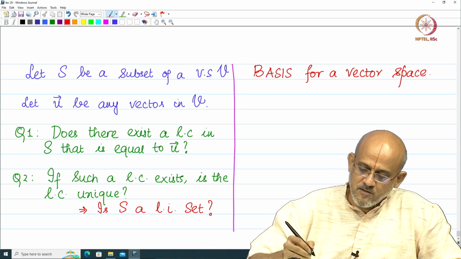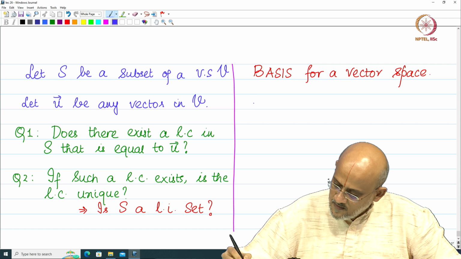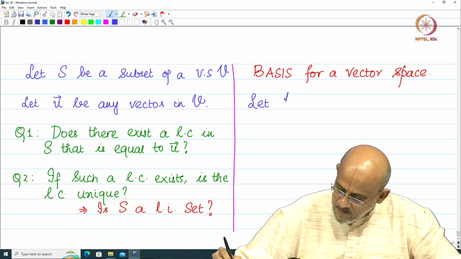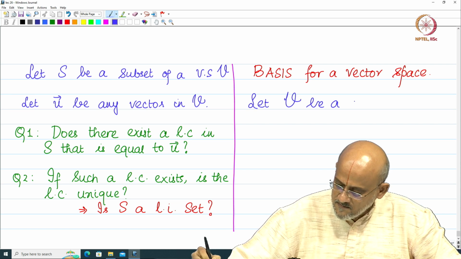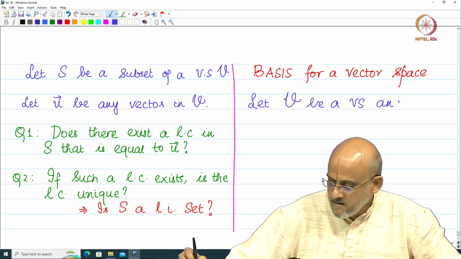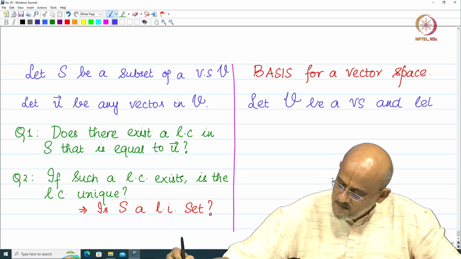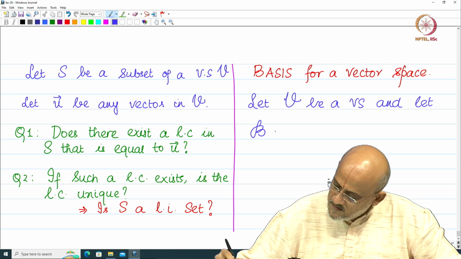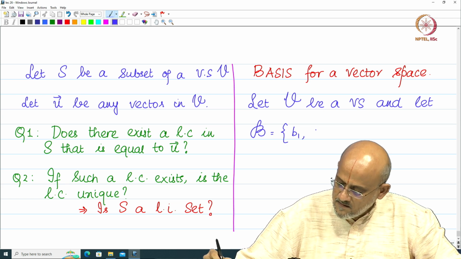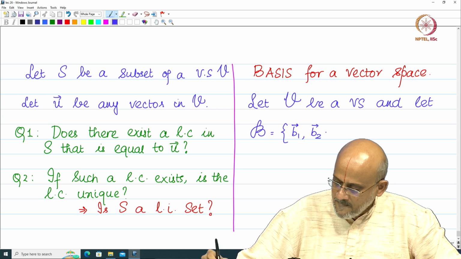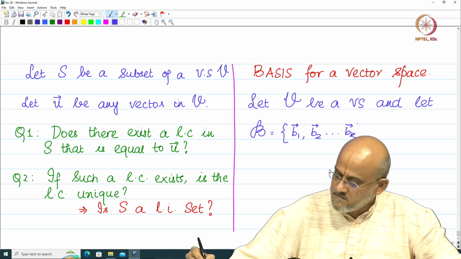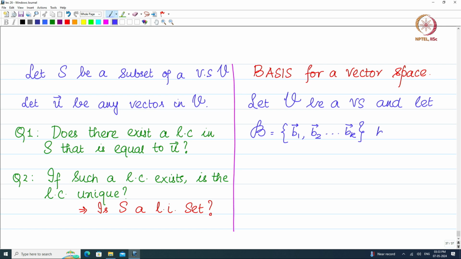Basis for a vector space. So let us see what it is. Let V be a vector space and let B = {B1, B2, ..., Bk} be a subset of V. We are going to make this definition.